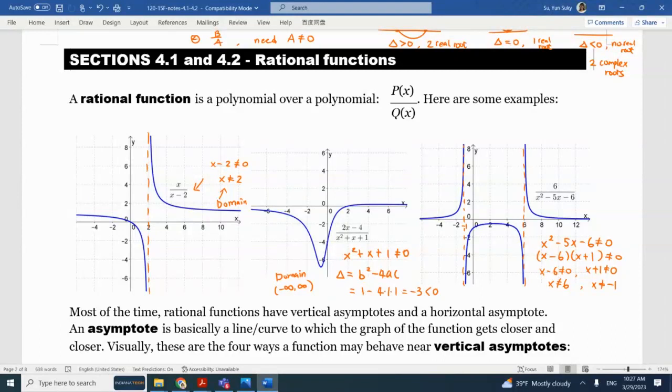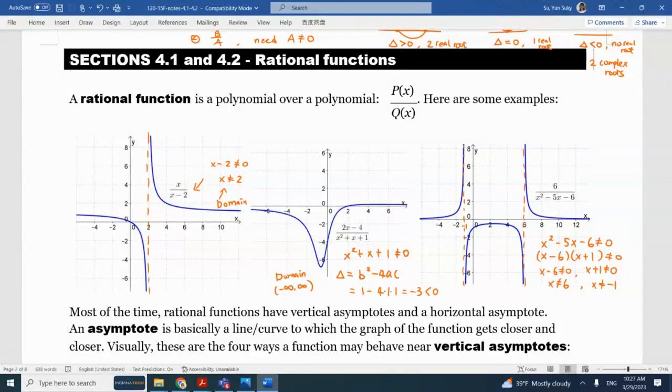Okay? Because it could happen that, like this function, maybe x plus 3 over 2 x plus 3 times x minus 1, something like this. Then you see this cancels, you get 1 over 2 x minus 1.